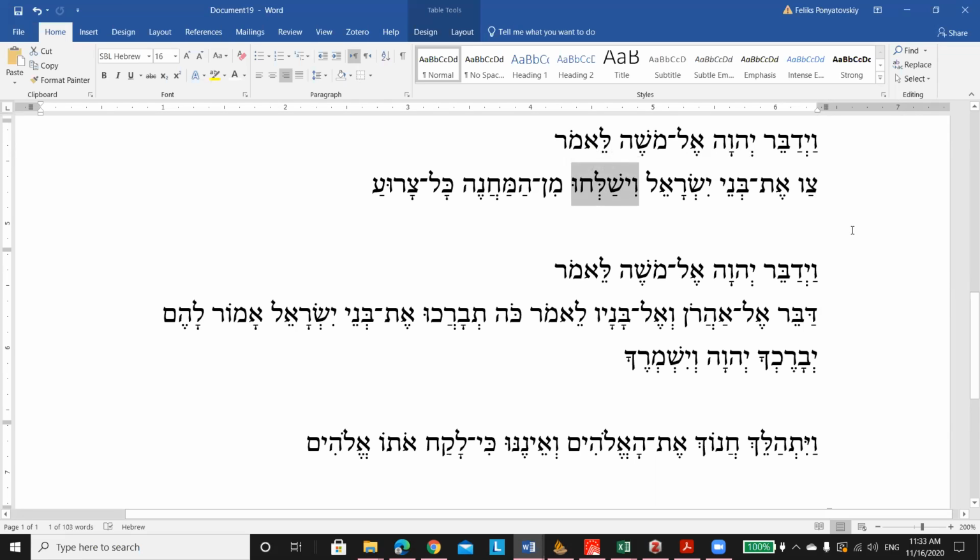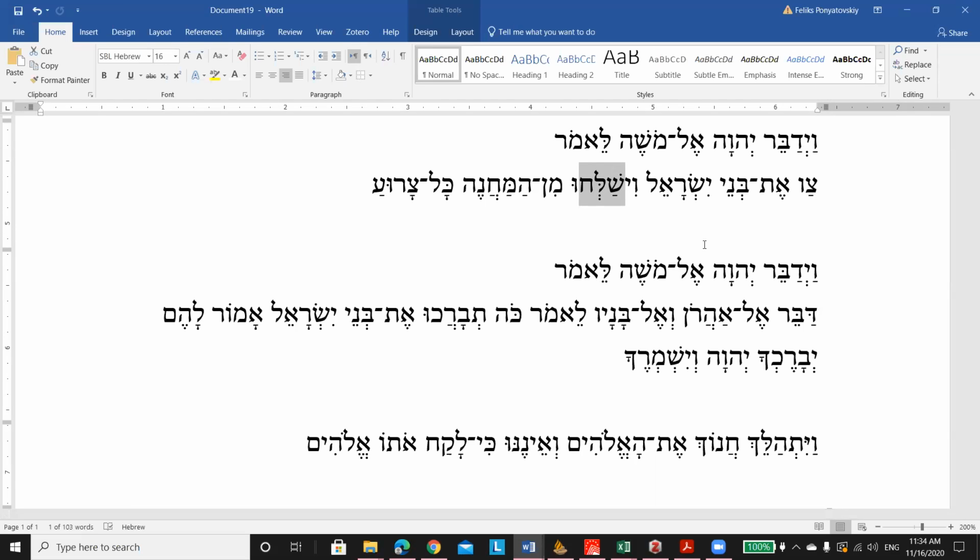So what binyan is this? The root is Shalach. Pay attention to the dagesh in the second radical. If there is a dagesh, we have three options: Piel, Pual, Hithpael.